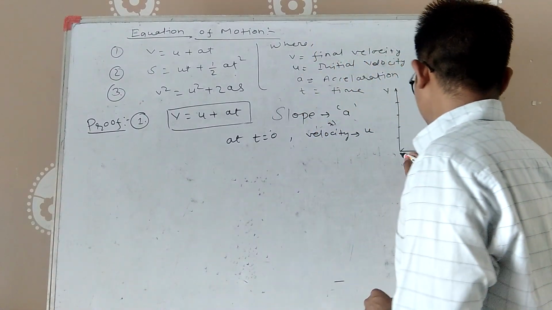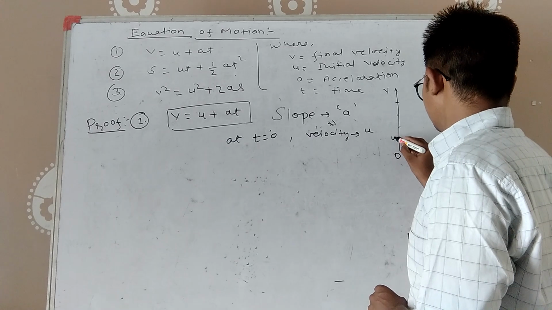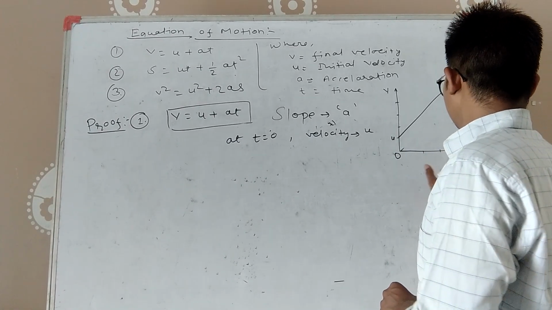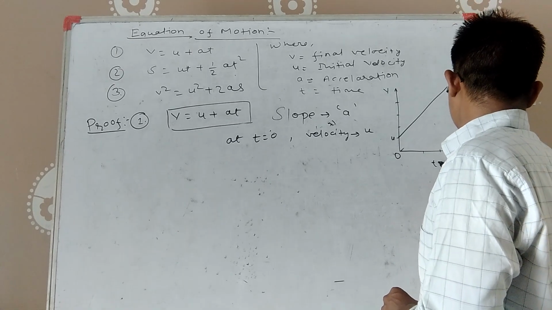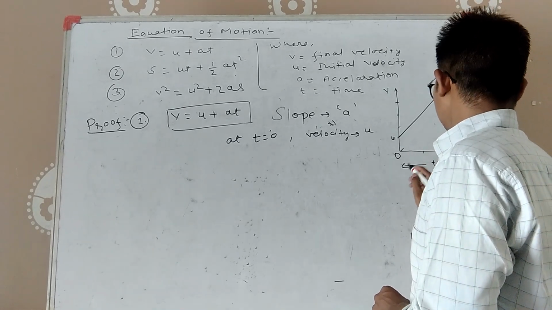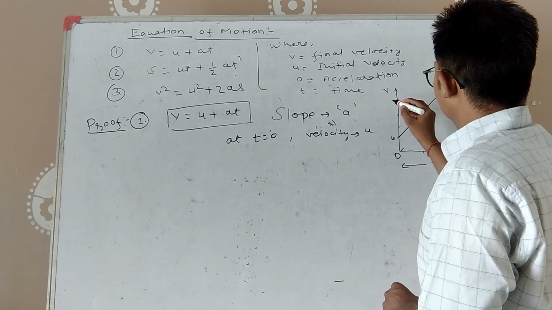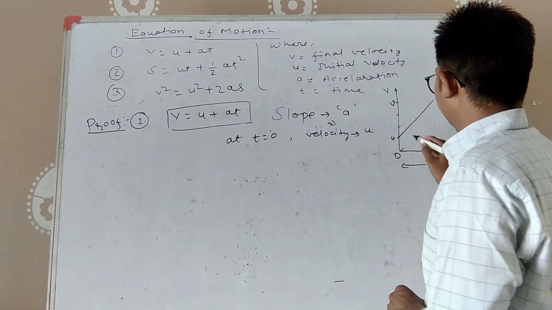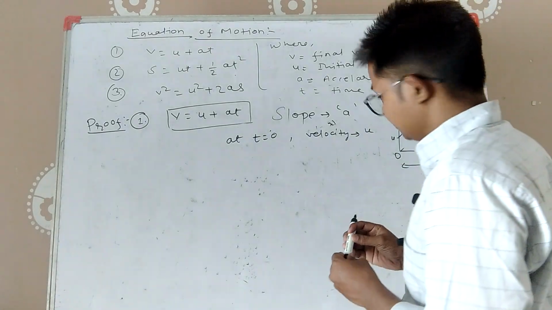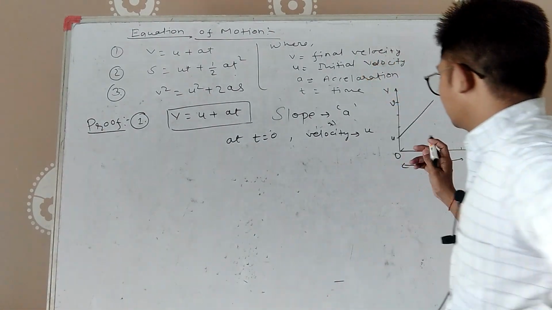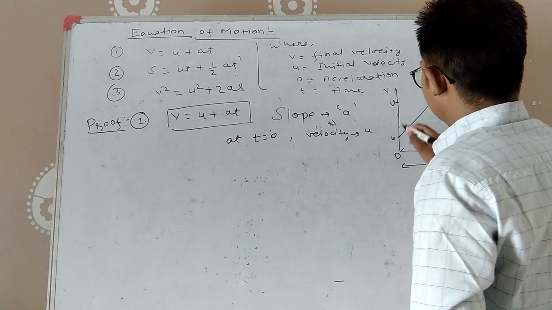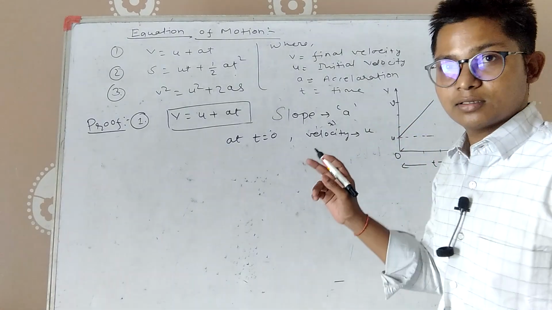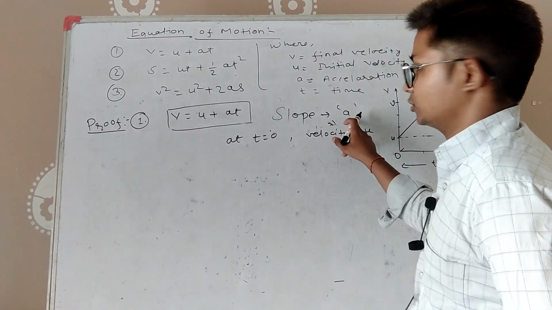After a certain time t, the velocity changes from u to v. So we have the initial and final velocity, and if you find the slope of this graph, we will have the acceleration of the object.